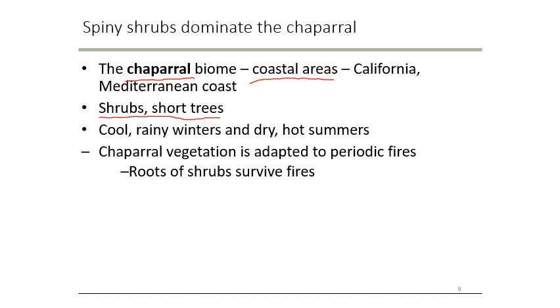So the winters are not very, very cold there. There are a lot of fires in these regions, but what happens is very interesting. These plants that live here have evolved to come back to life. So the roots of these plants can actually survive the fires, and then afterwards, the plant can regrow.